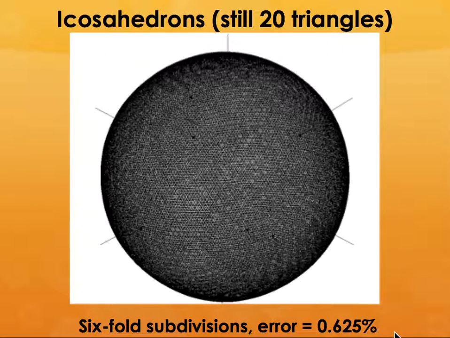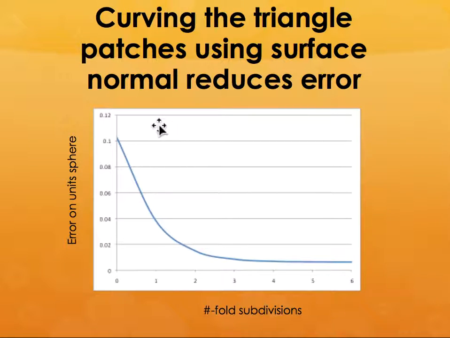Now it is down to 0.625, but you have increased your build time by maybe 2 times. So there is a maximum reduction in the number of subdivisions that you can do, but it can only go down to maybe a maximum of 0.6% error.